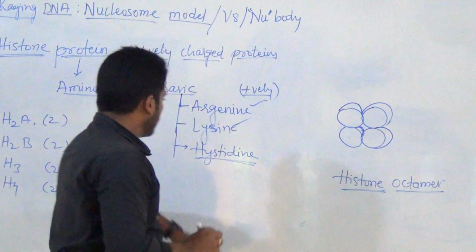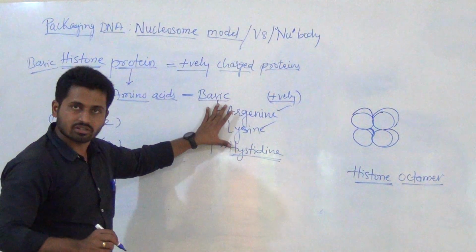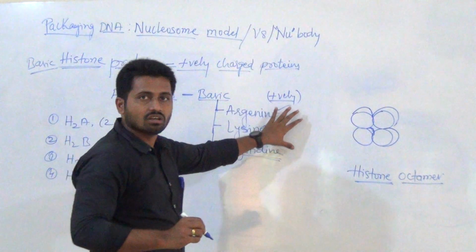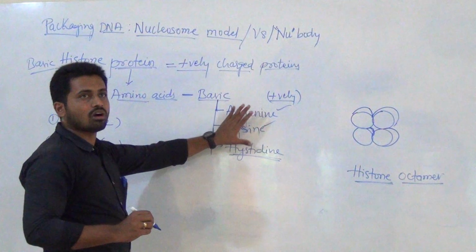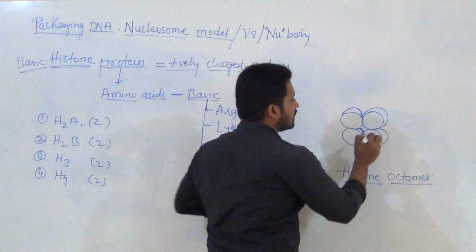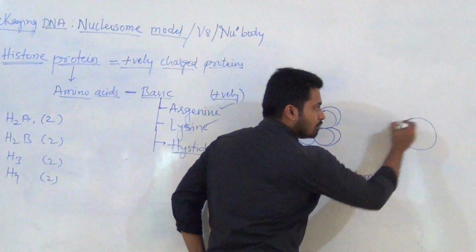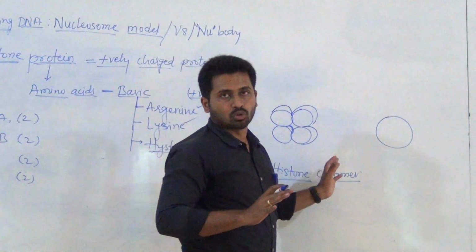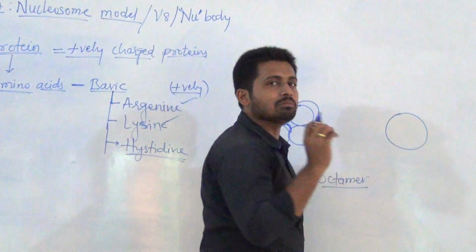I told you these proteins are made up of basic amino acids, and hence they have positive charge. By combining these amino acids we form this histone protein, which is positively charged. So for your understanding I will draw here easily. By combining all these 8 protein molecules, we are drawing a simple structure.